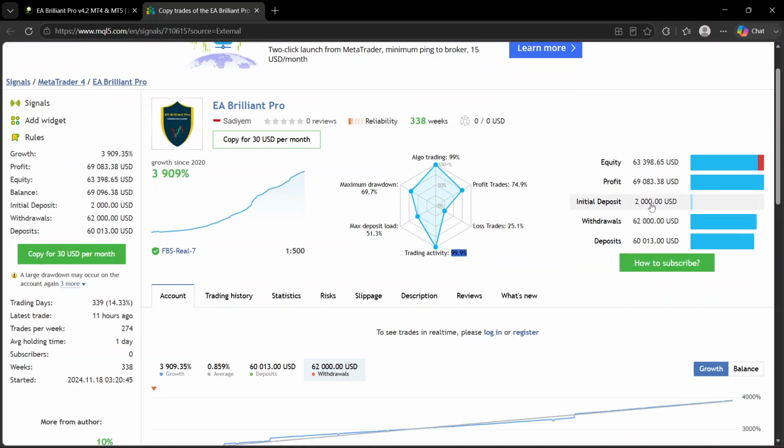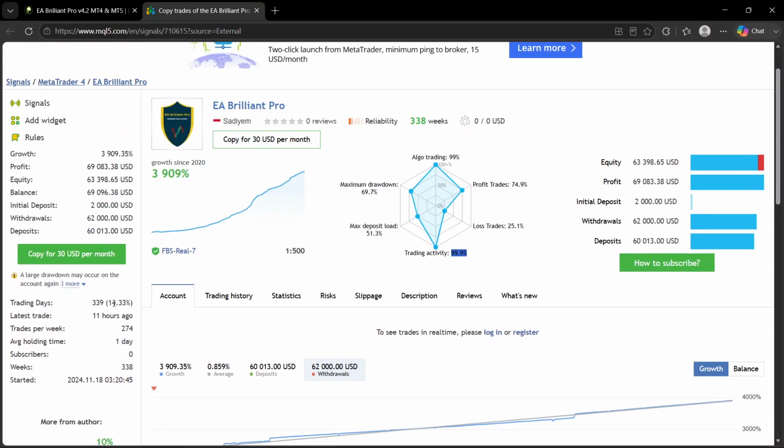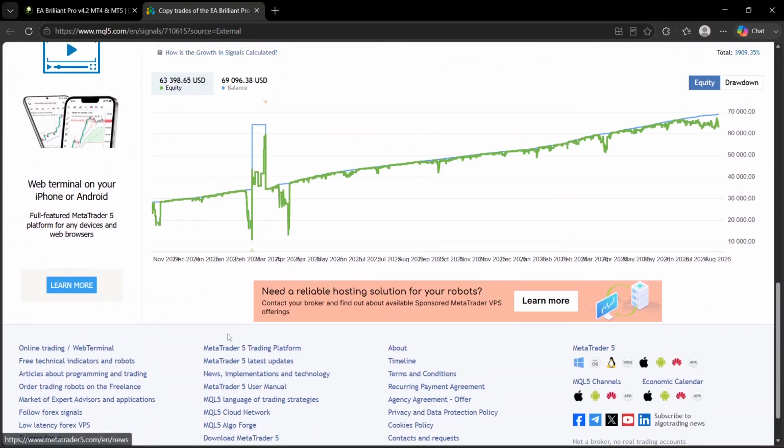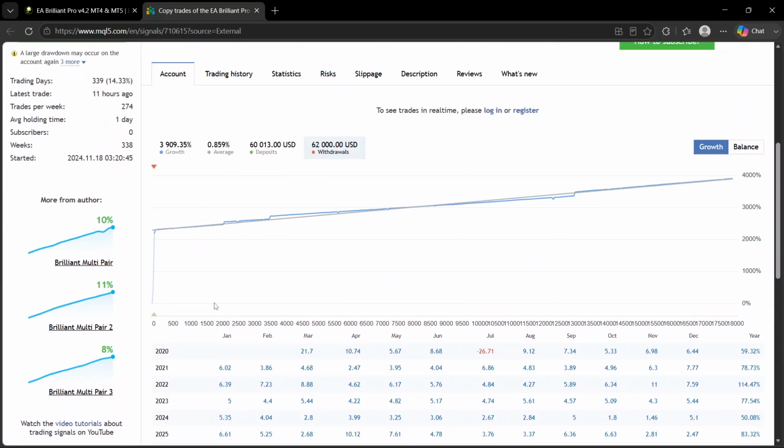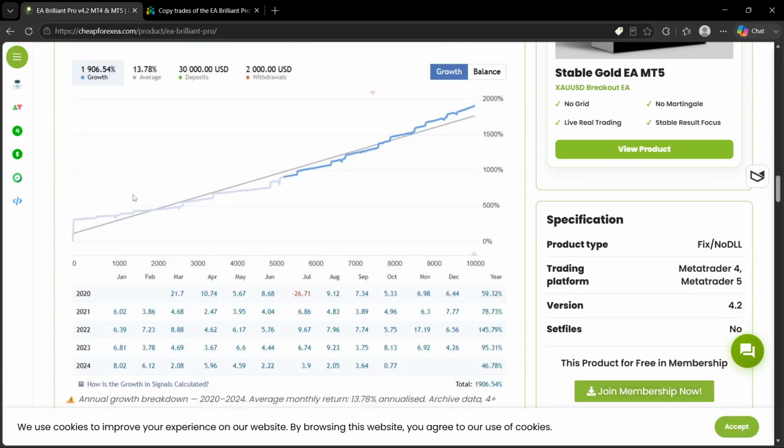From an initial deposit of 2,000, it grew to a profit of 69,000, with 18,000 deals being made. And we see that there were withdrawals of 62,000. There's an option to copy for 30 USD per month. Okay, and that is everything on the MyFXBook for the live signal.